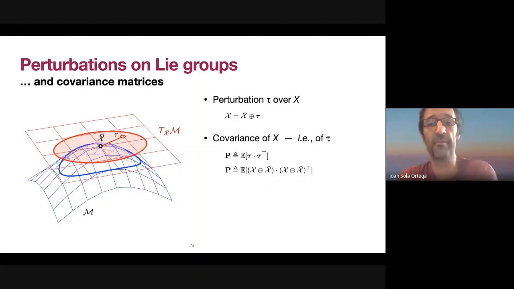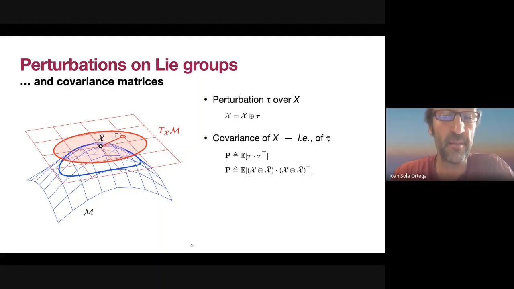And if we define the covariance of tau as the expectation of tau times tau transpose, the expectation being the typical operator to define moments in probability theory, then expanding tau as a function of x, you get that this is the expectation of x minus x bar times x minus x bar transpose.